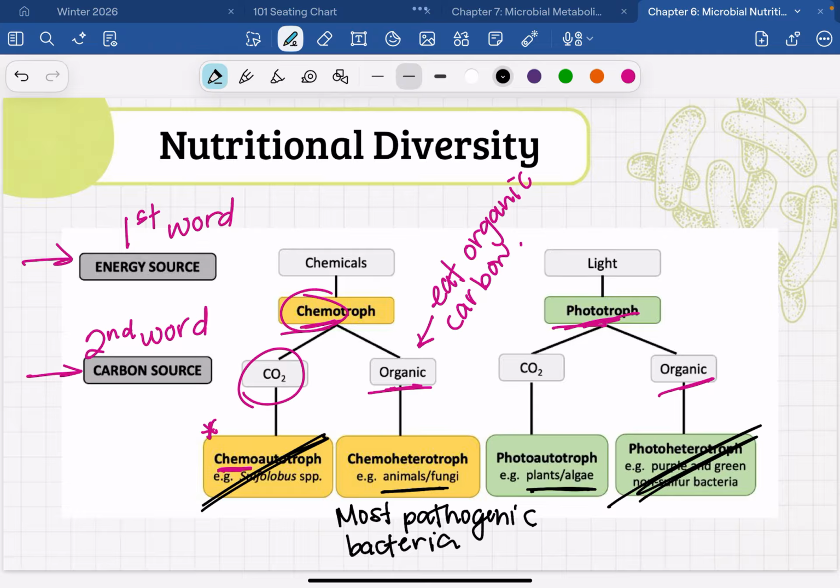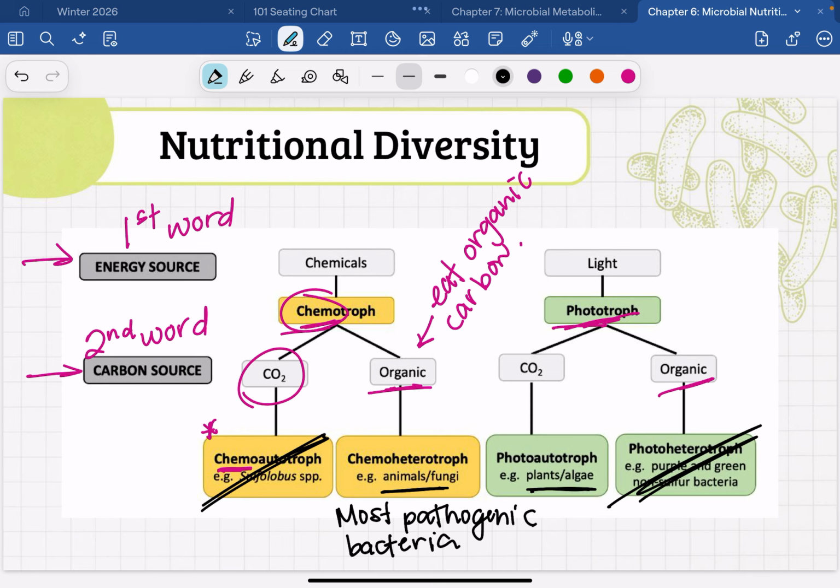And that should kind of make sense. If you think about, when we're talking about pathogenic organisms, we're talking about bacteria or organisms that make humans sick. They make us sick because they're living inside of our bodies, right? Do you think the inside of a human lung is a great place to get sunlight?